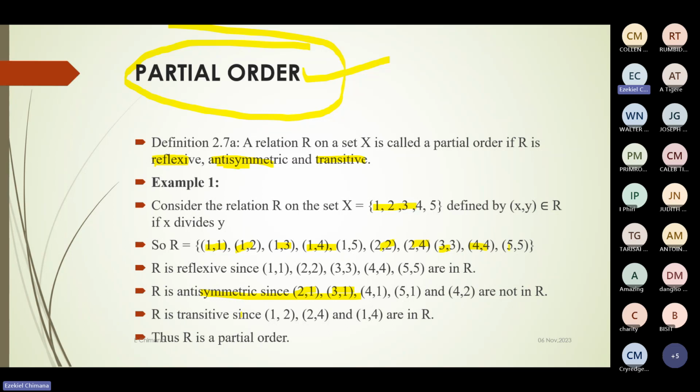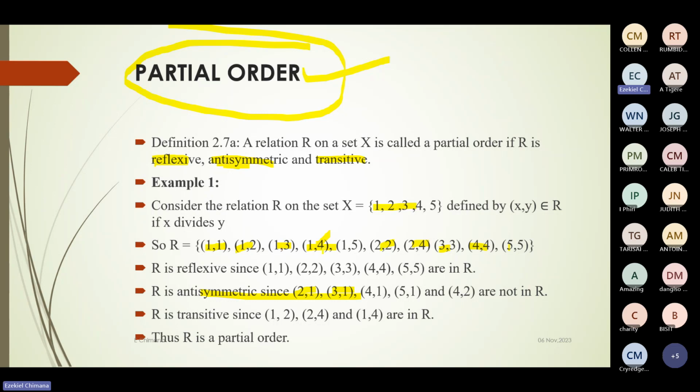And then for transitive, whenever you have a (1,2) and a (2, something), you must have a (1, something). So here you've got a (1,2), right? Do we have a (2, something)? We've got a (2,4). So we must have a (1,4), and it's here. Whenever you have a (1,3), do we have a (3, something)? We have a (3,3). So you've got a (1,3) and a (3,3), which means we've got a (1,3) again.